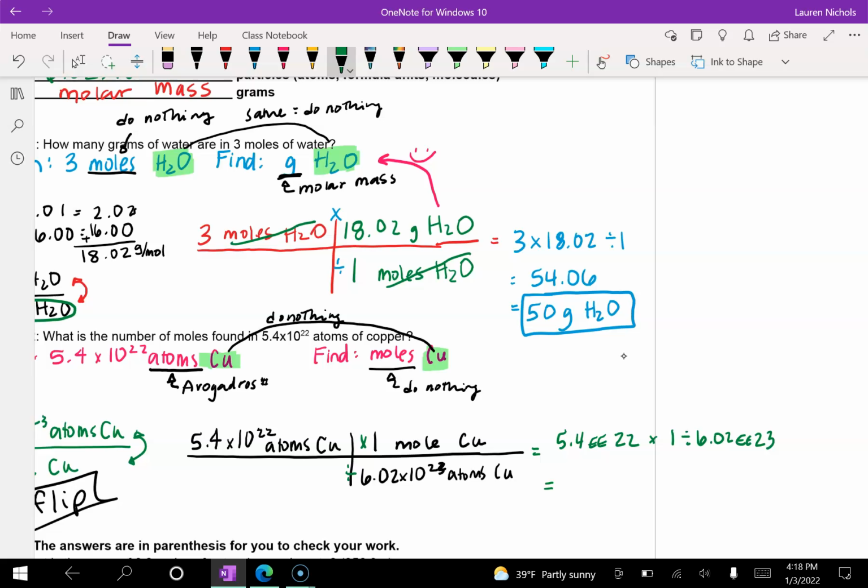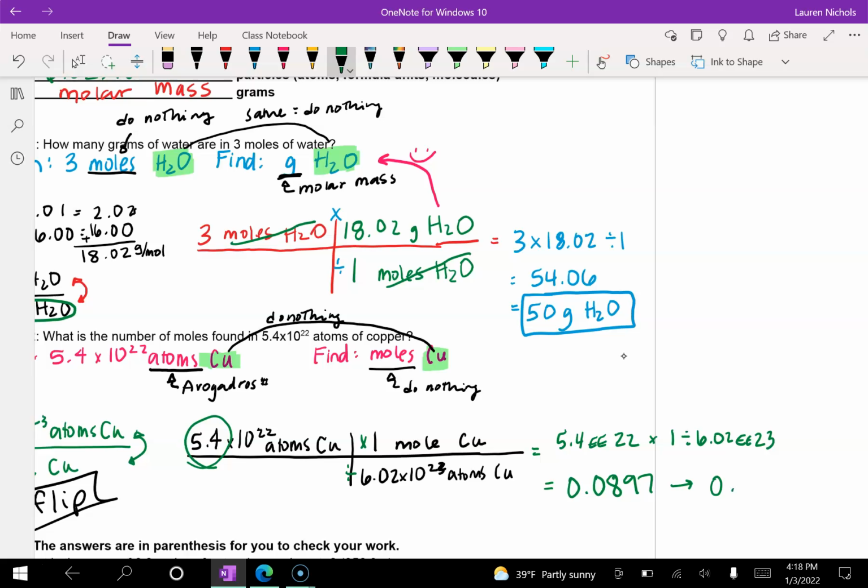When we do this, we get 0.08970009967 in our calculator, but there are 2 significant figures in our given, so we're going to need that in our rounded answer as well.